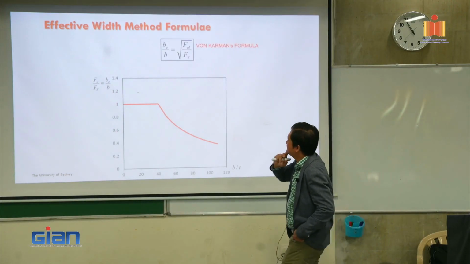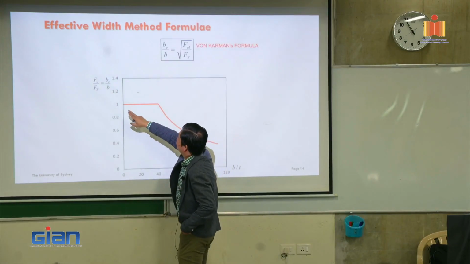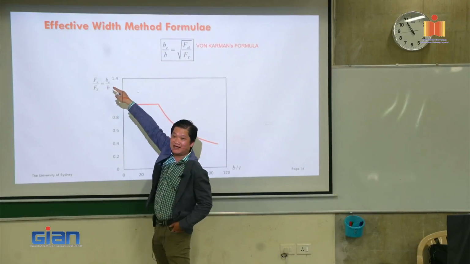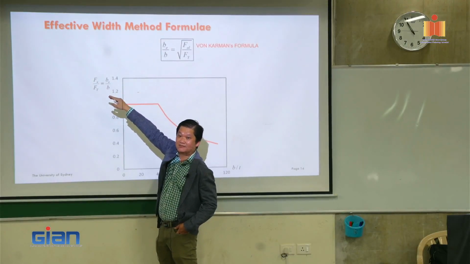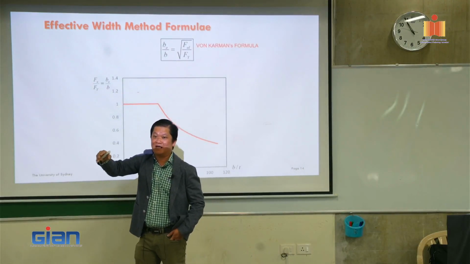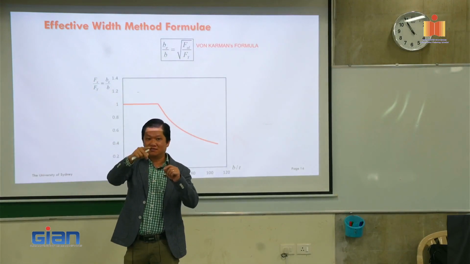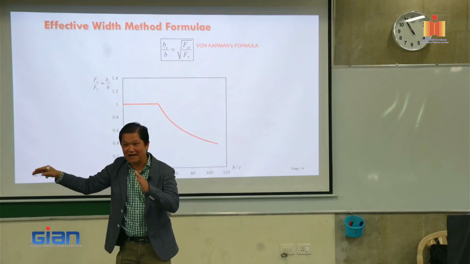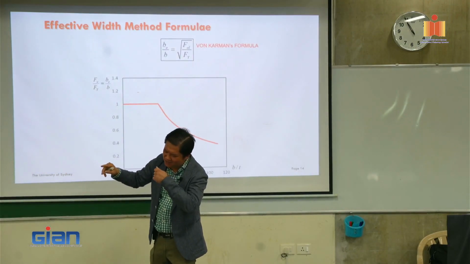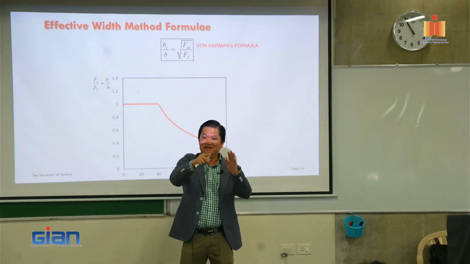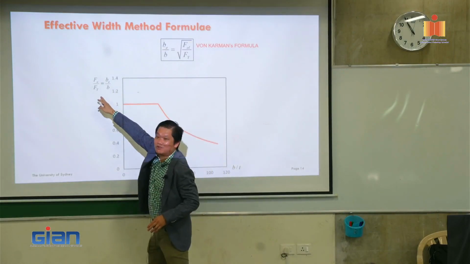Now, we consider that Fu is equal to Fy because we don't consider inelastic reserve yet. We idealize the hot roll steel and don't consider strain hardening. So we go up and then it's just flat. So that's why you get this one.